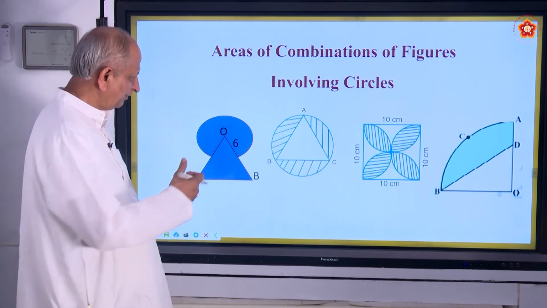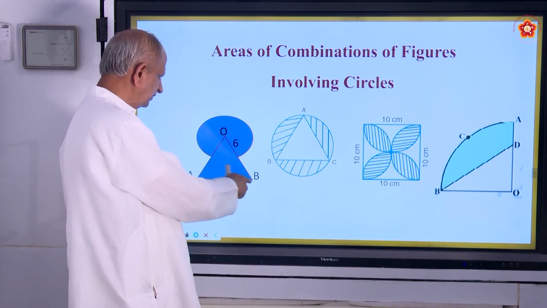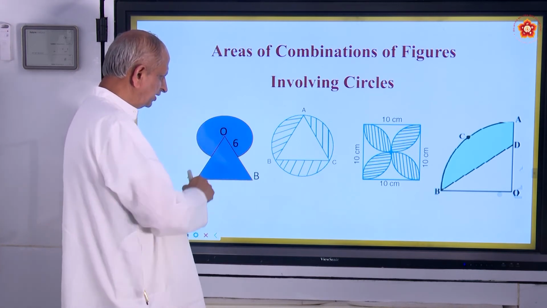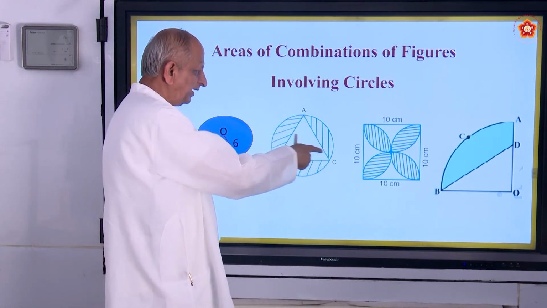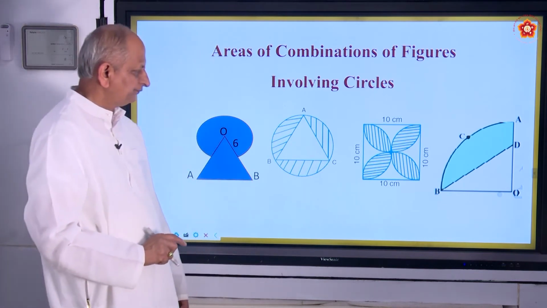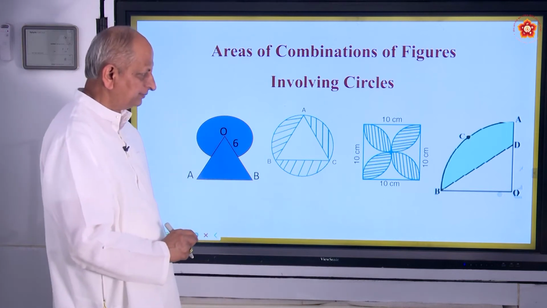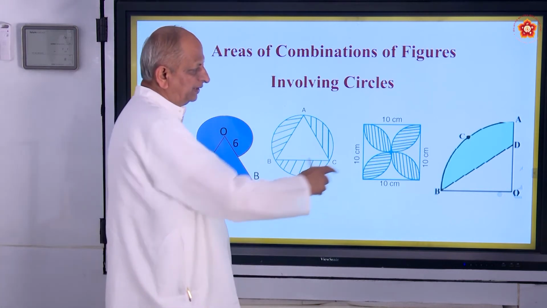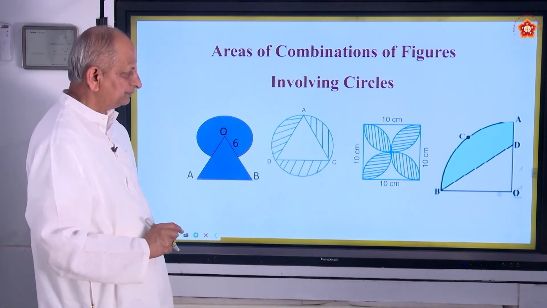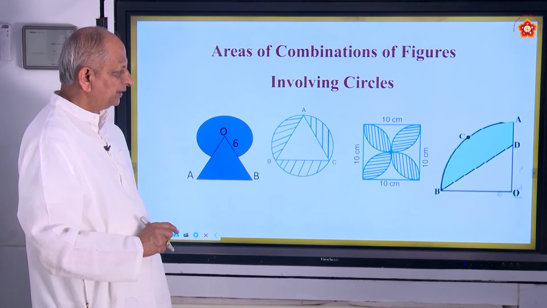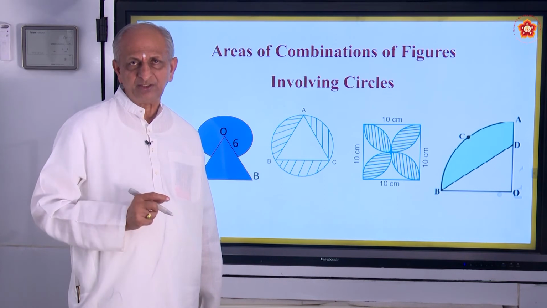Here you may find a triangle and a circle, and this is one more design with an equilateral triangle inscribed in a circle. These are four semicircles we find in a square, and that is a triangle in a semicircle, in a quadrant you can say.